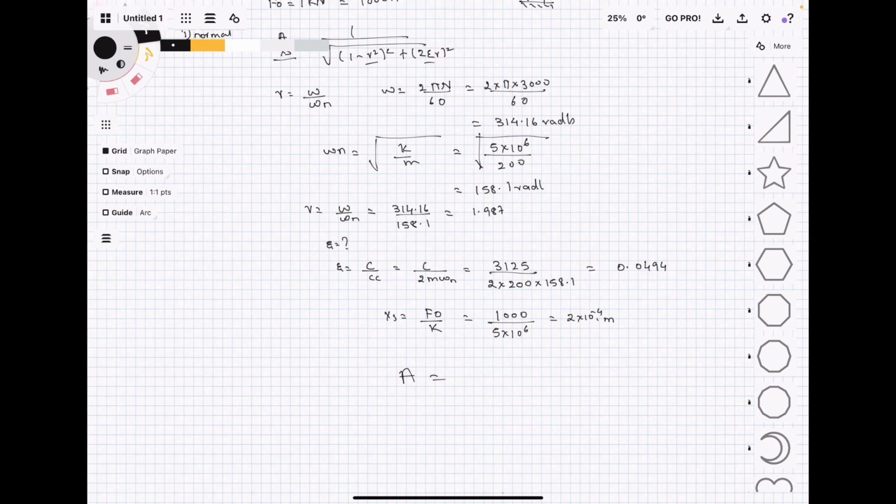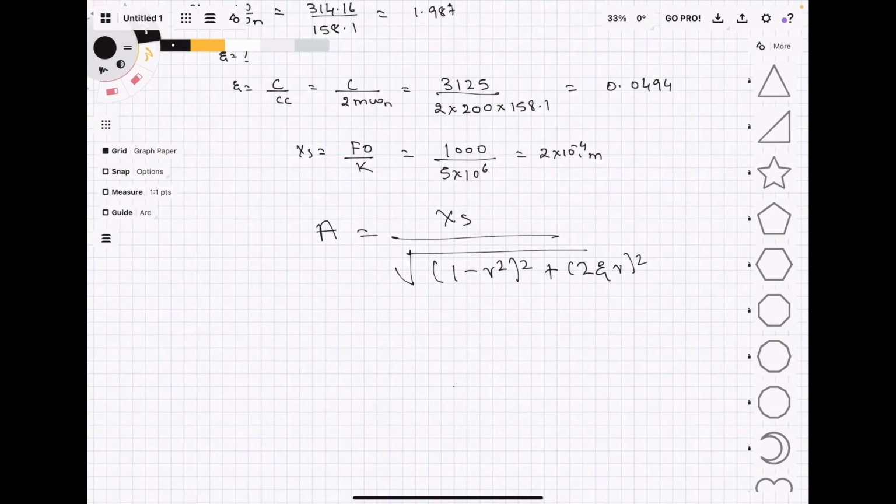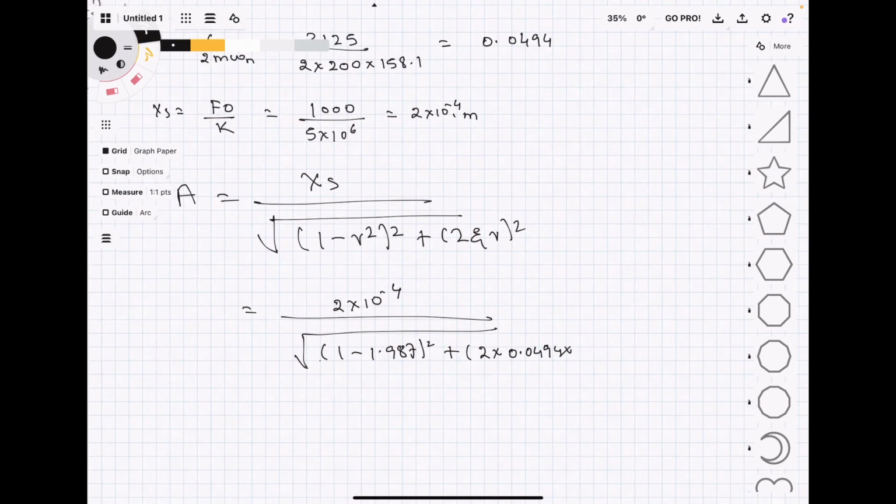A is equal to xs upon square root of (1 minus r square) the whole square plus (2 zeta r) the whole square. Now xs we have found out, which is 2 into 10 to the power minus 4, divided by square root of (1 minus 1.987 square) the whole square plus (2 into 0.0494 into 1.987) the whole square.